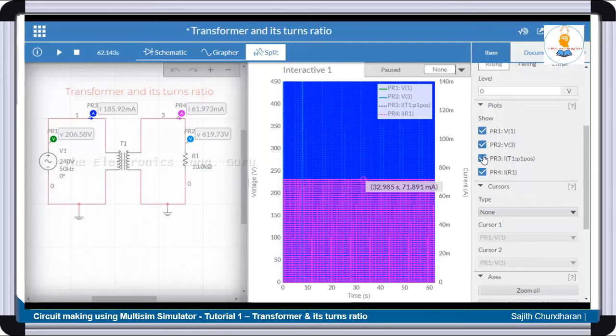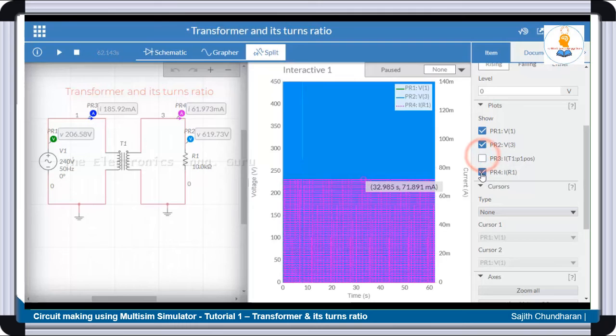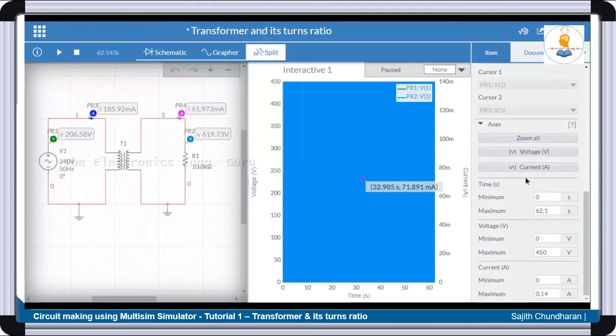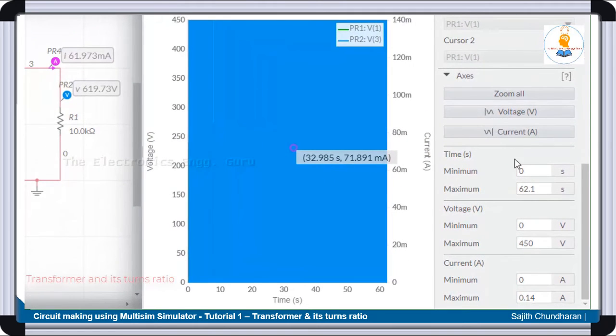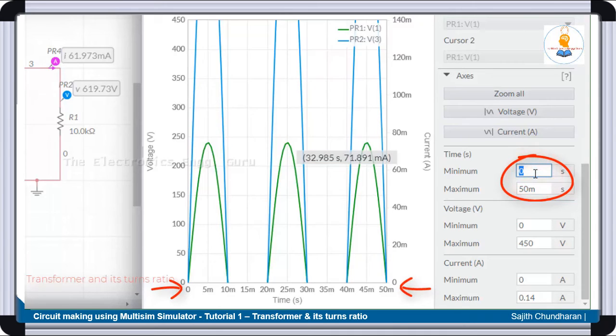Let us first start with PR1 and PR2. Let me make small modifications so that the waveforms are clearly visible. Because it is at a 50 Hz frequency, I need to make the time limit on the x-axis in milliseconds. When I change it to milliseconds, I start seeing the voltage waveforms.